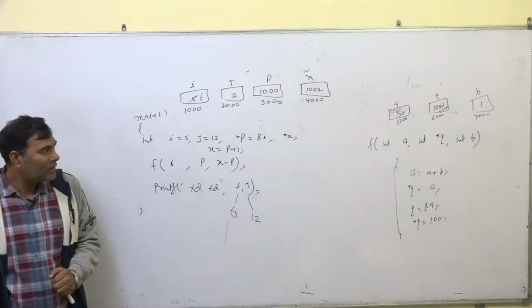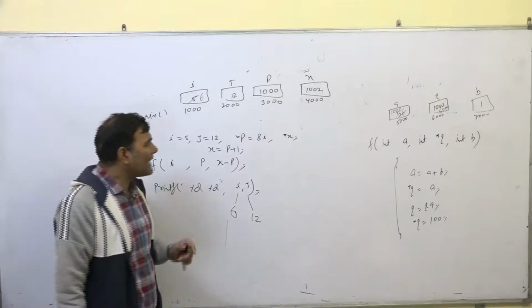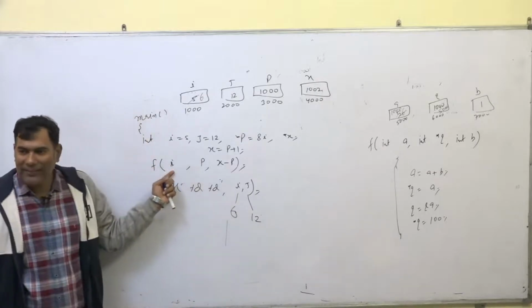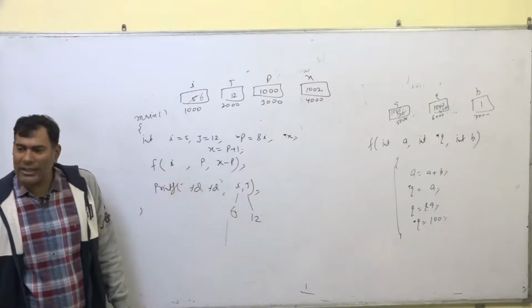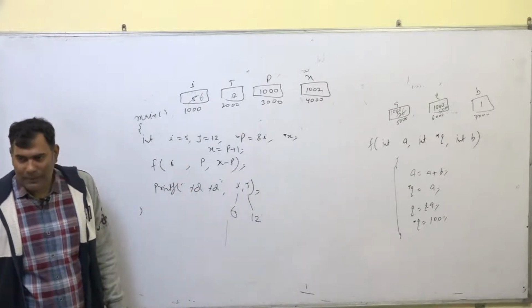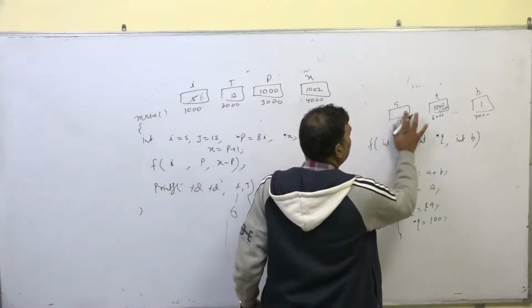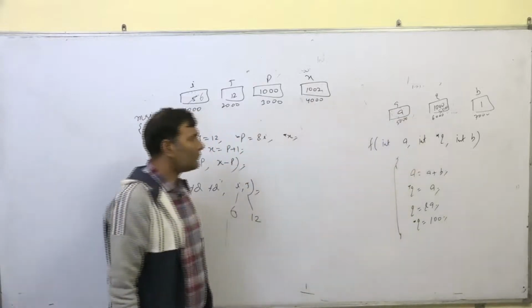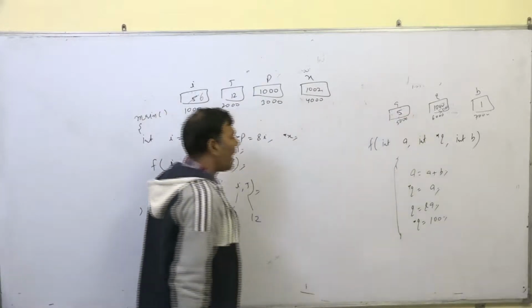Again, why not? So let me see here. I is what? I is 5. So this 5 is going to store in a. This 5 is going to store in a or not? A is a new variable. That is 5. Now next one is what?